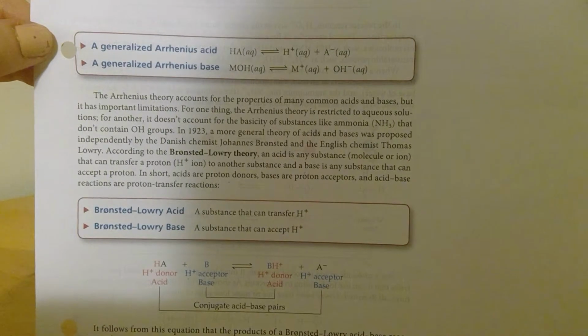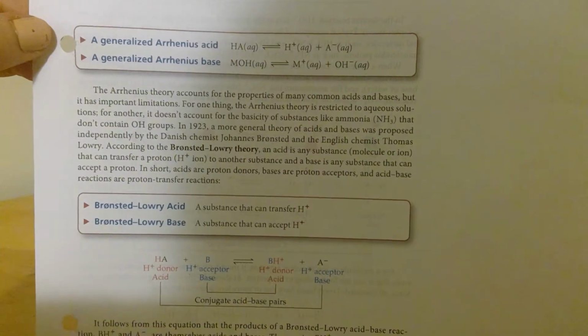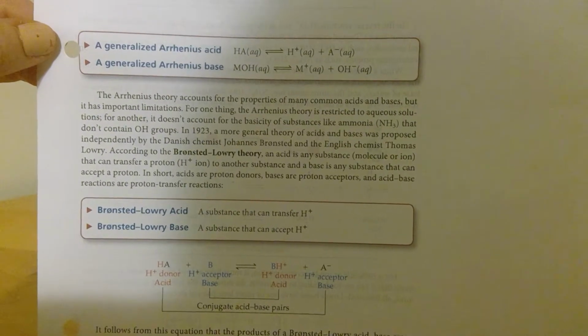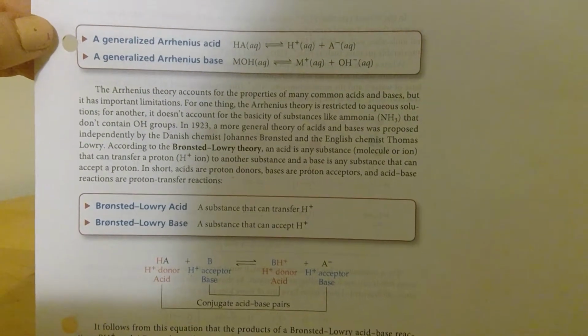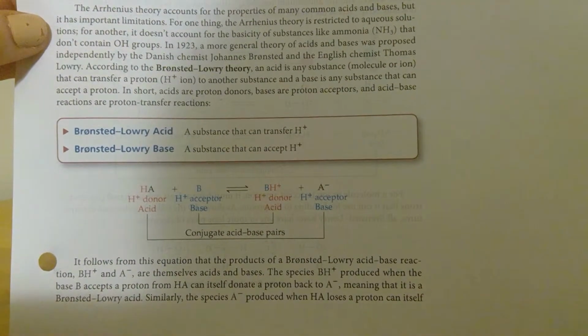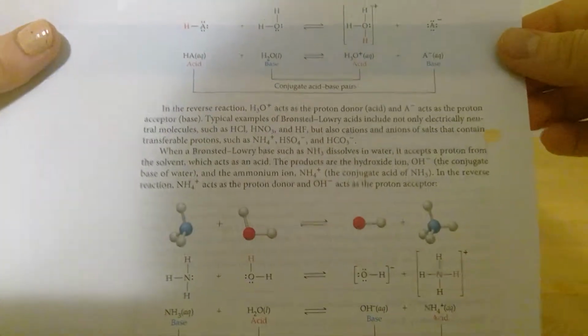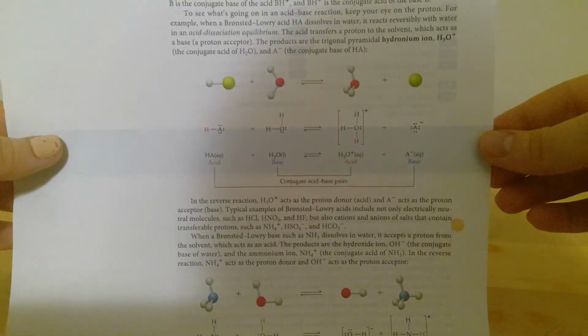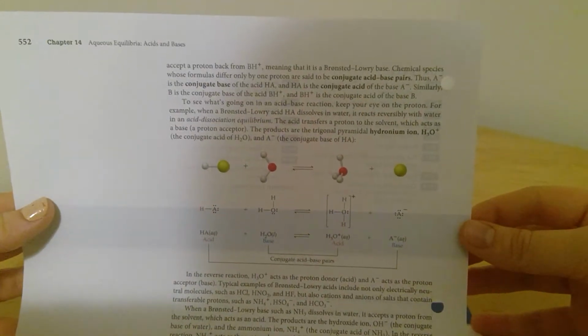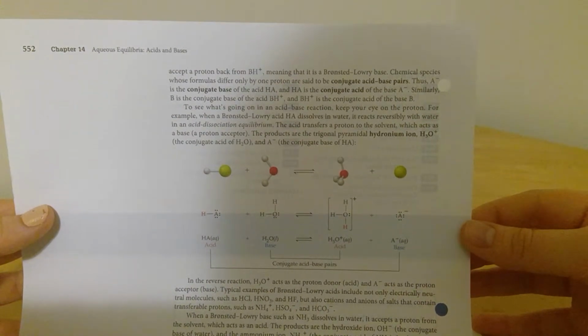In short, acids are proton donors, bases are proton acceptors, and acid-base reactions are proton transfer reactions. To see what's going on in an acid-base reaction, keep your eye on the proton.